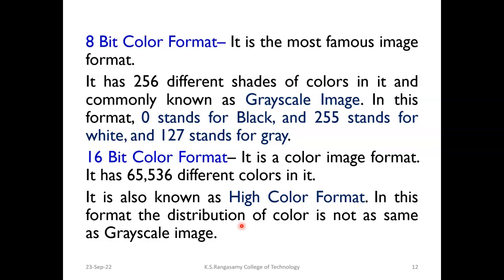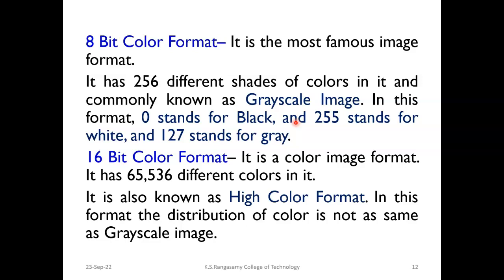It has 256 different shades of color in it and is commonly known as a grayscale image. In this grayscale format, 0 stands for black, 255 stands for white, and 127 stands for gray level.